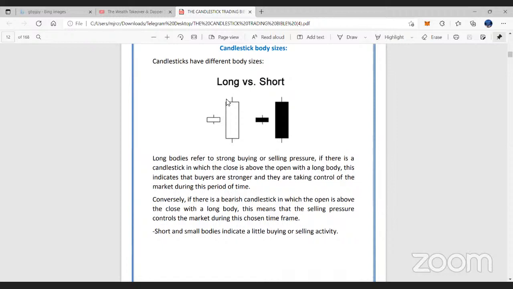Conversely, if there is a bearish candlestick in which the open is above the close with a long body, this means that the selling pressure controls the market during this chosen time frame. Short and small bodies indicate a little buying or selling activity.